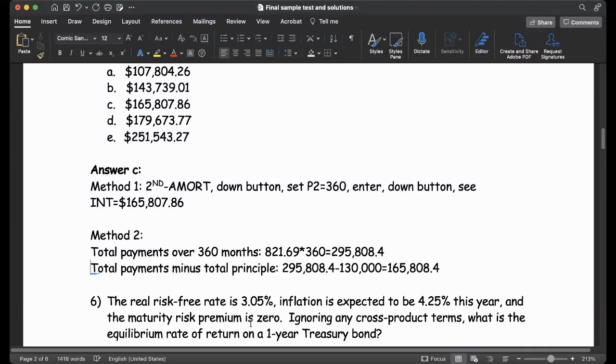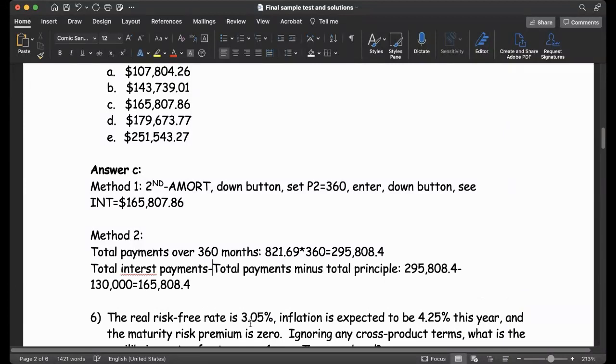So total interest payments equals total payments minus total principal payment. Remember, the total payments have two components. One is payments towards principal, another is payments towards interest. That's why we use total payments minus principal payment here. We have interest payments.